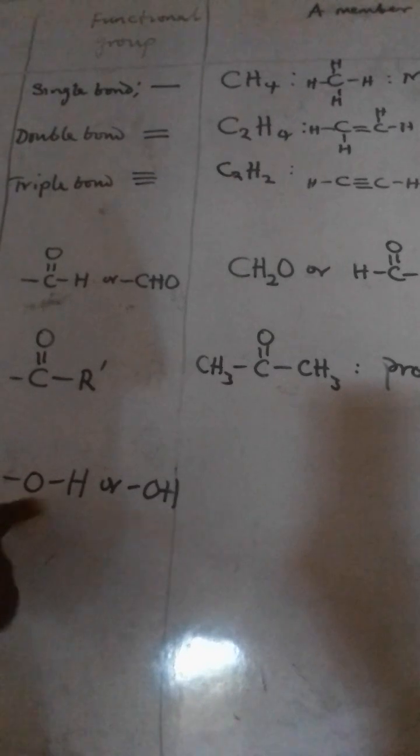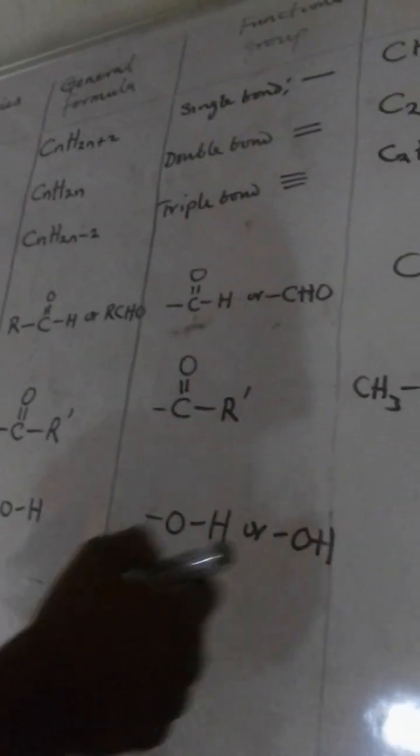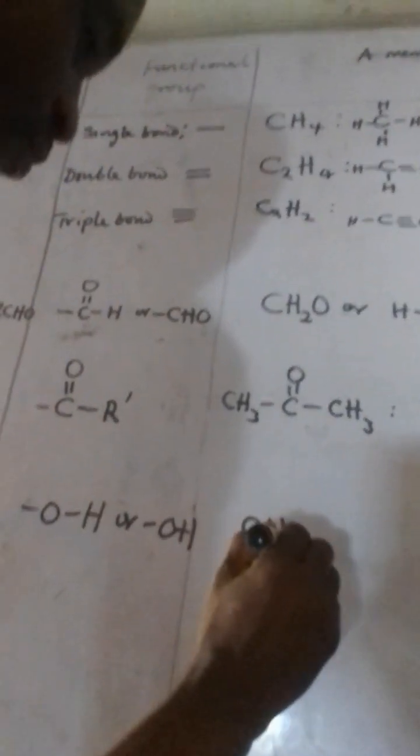Now, remember, OH has no carbon in it, so you must introduce a carbon atom through an alkyl, any of the alkyl groups. So, to form a member, we introduce methyl group. You can introduce ethyl group, propyl group, depending on number of carbon. So, we introduce this here, then we put our OH.